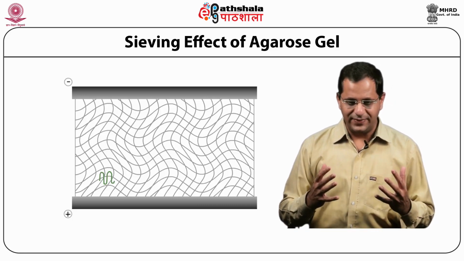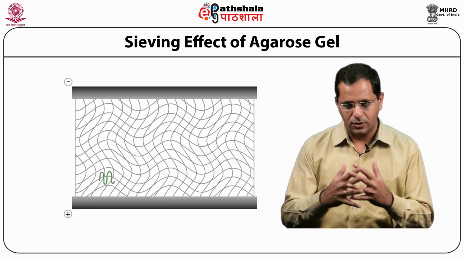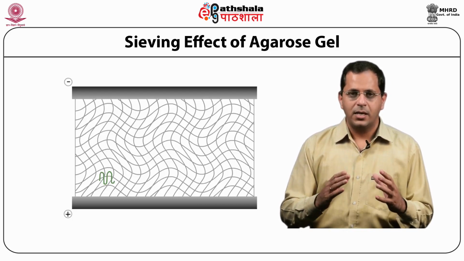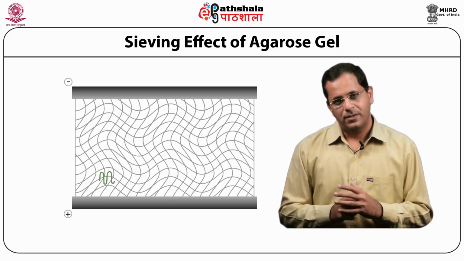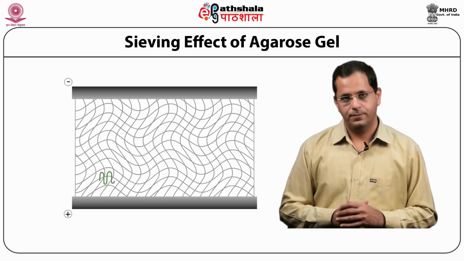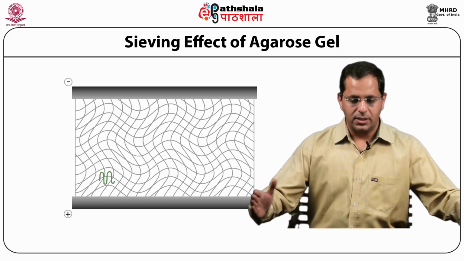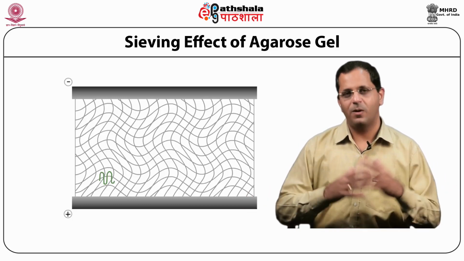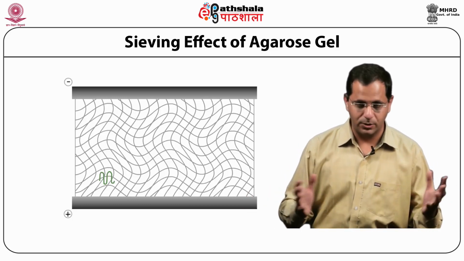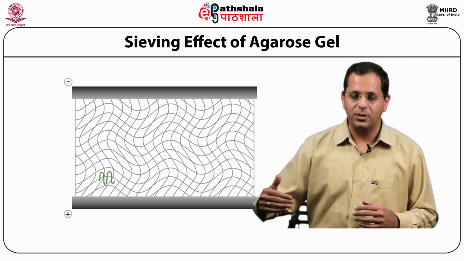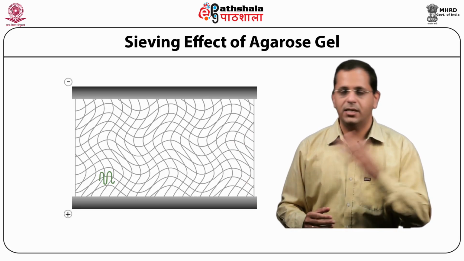To understand the sieving effect of the agarose matrix, just take an analogical example of a crowded, jam-packed road. So, you have this 3-kilometer stretch of jam-packed road with a lot of vehicles, bumper to bumper, and you have new vehicles getting onto the road to cross it from one end to the other.